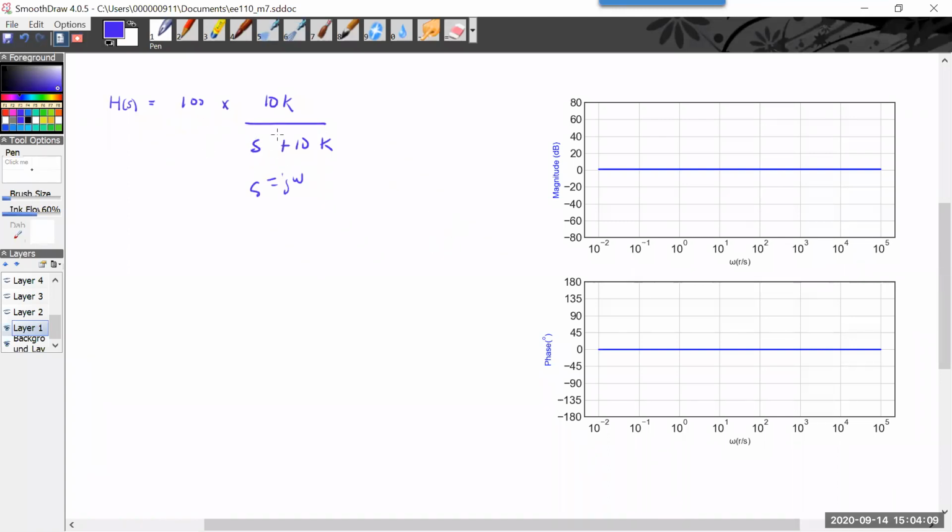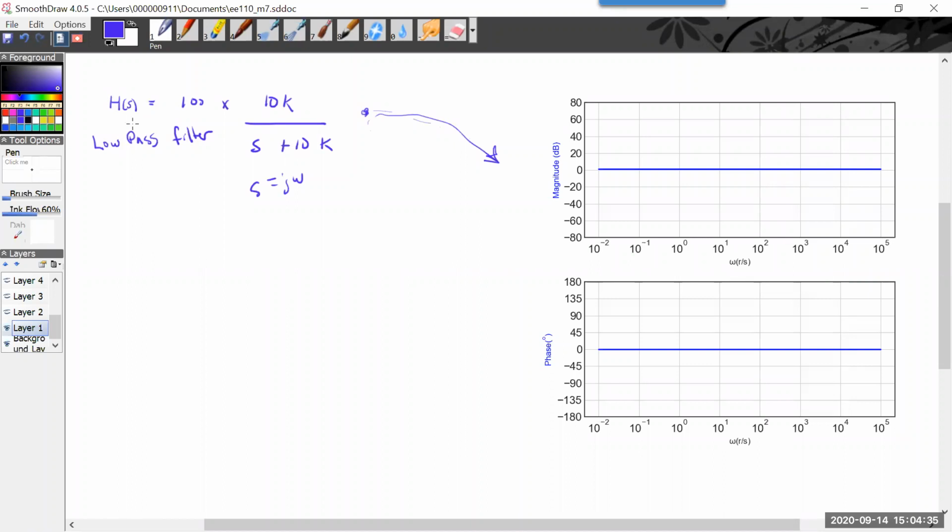Now, of course, you can't mix and match complex numbers like that, but it gives you the idea that the magnitude is going to start high and go low. And the shorthand for that is a low-pass filter.